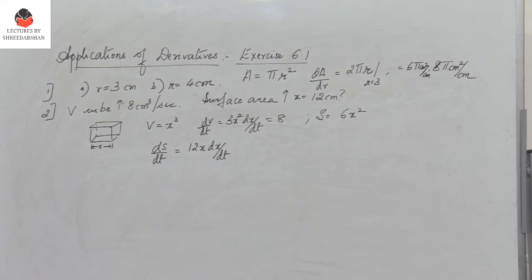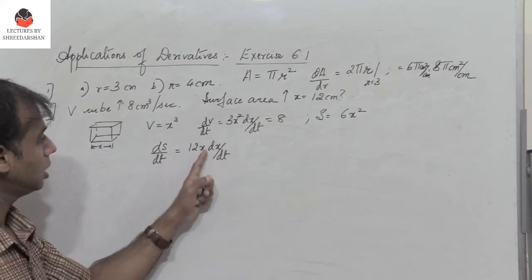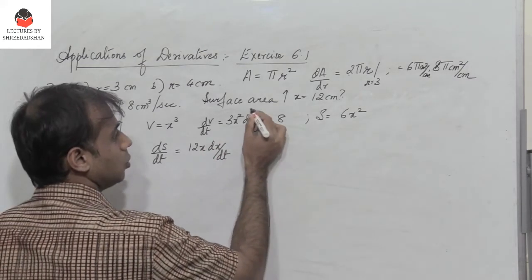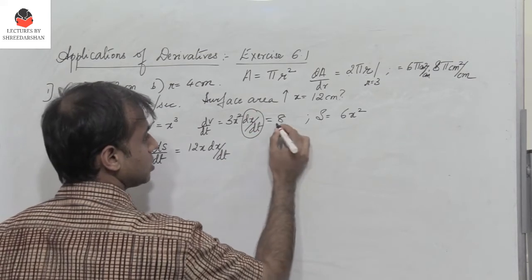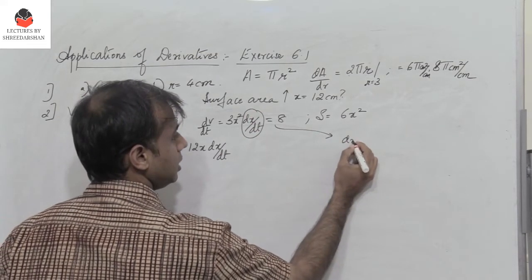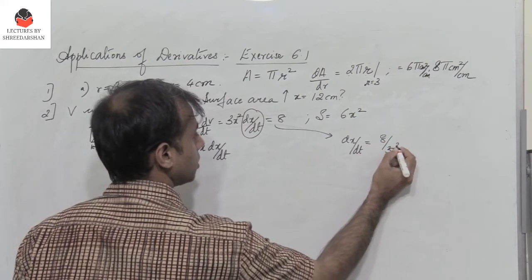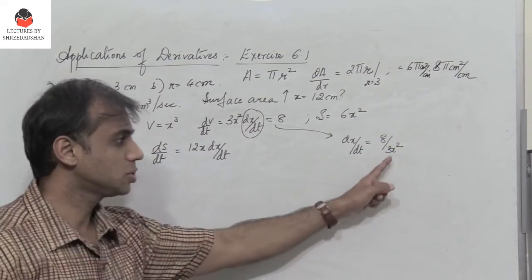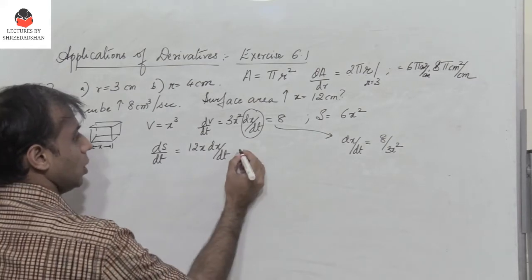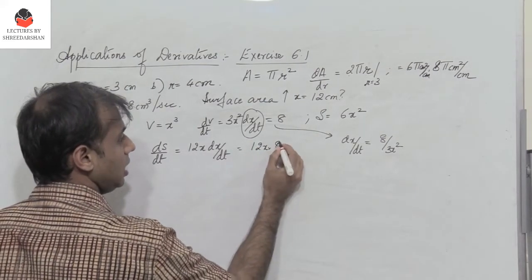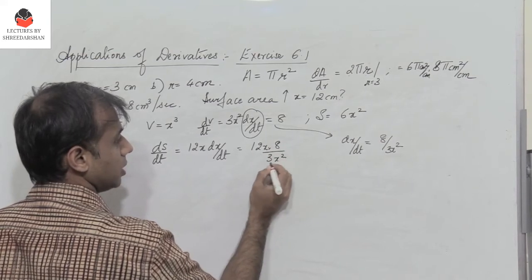So we need to find ds by dt. But what is unknown? The unknown value is dx by dt. So from the volume expression, dx by dt equals 8 by 3x square. Let's substitute this value here. So I get 12x into 8 by 3x square.